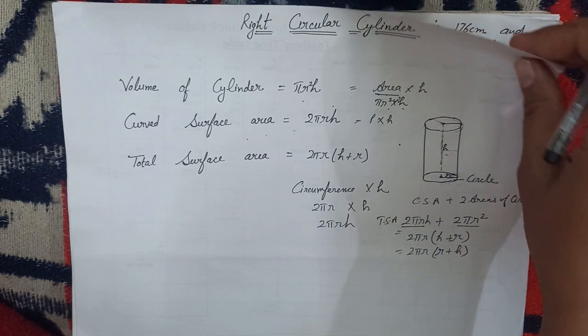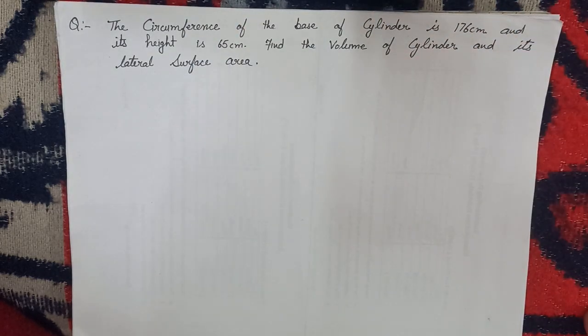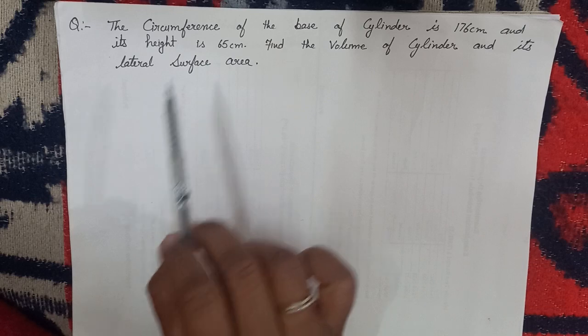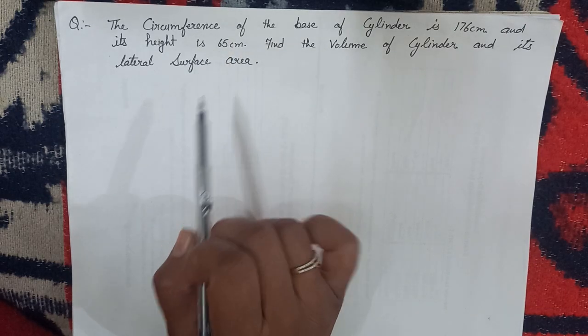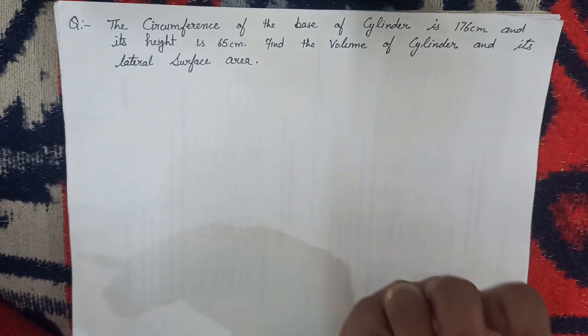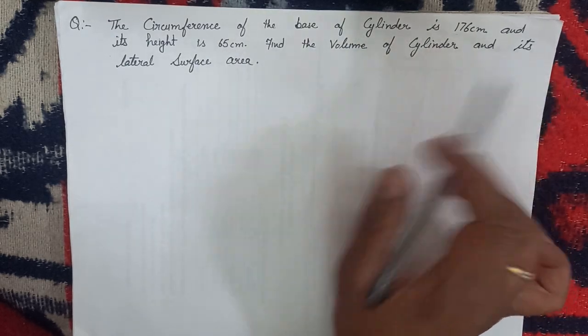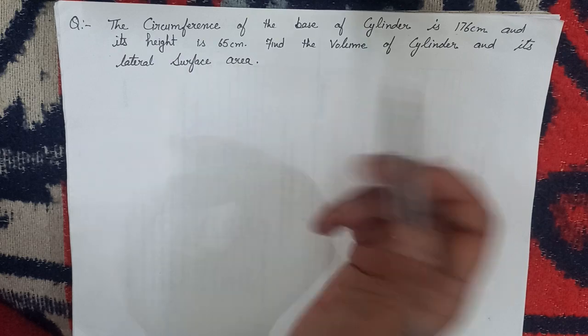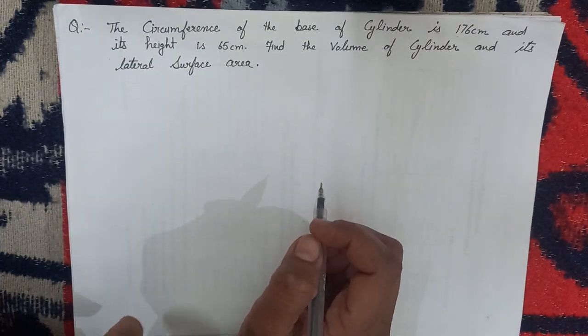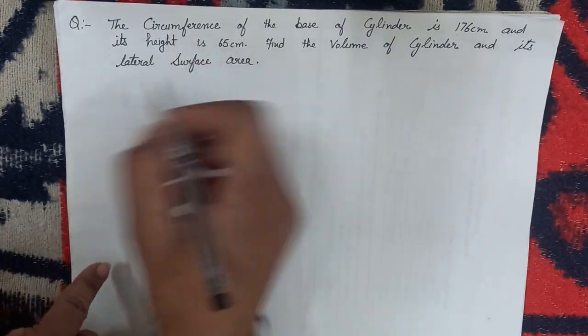Whatever we need to find out, we need basically radius and height. Whatever conditions they give, we will try to find out the radius and height all the time. The circumference of the base of the cylinder is given and the height is given. So height is already given, the thing that is left is the radius, so that we will find out from the given.